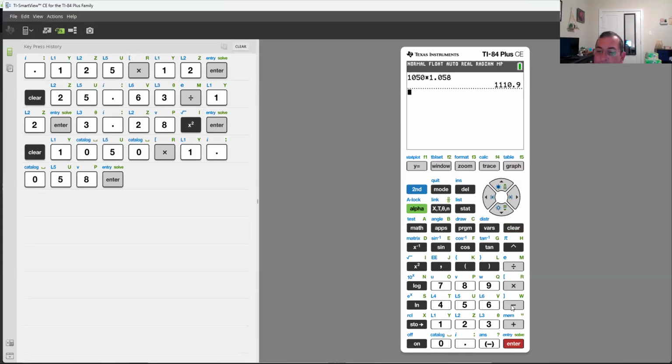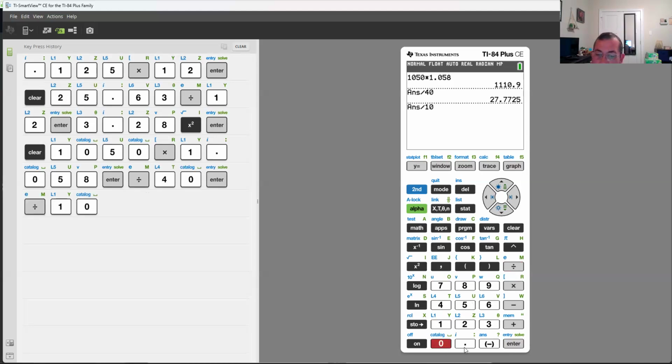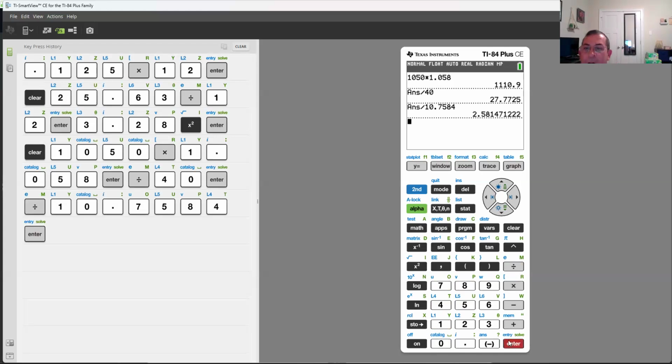All right, so now we've got to take this answer, divide by 40, and divide by our 10.7584. So you've got to divide by everything that's on the bottom. And y'all, let's see, we're going to round that off. 2.58 has a 1 after it, so we're going to keep that 2.58.